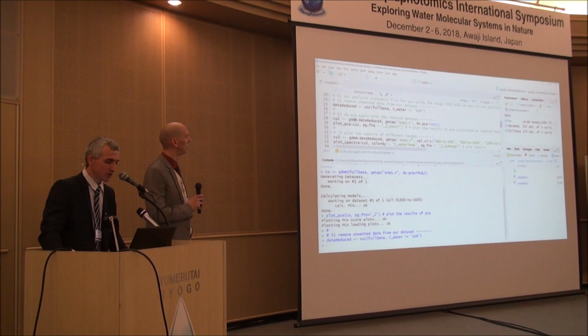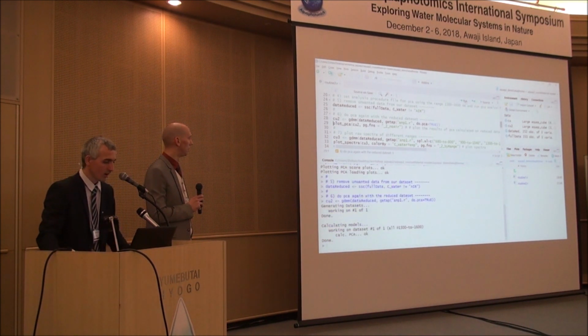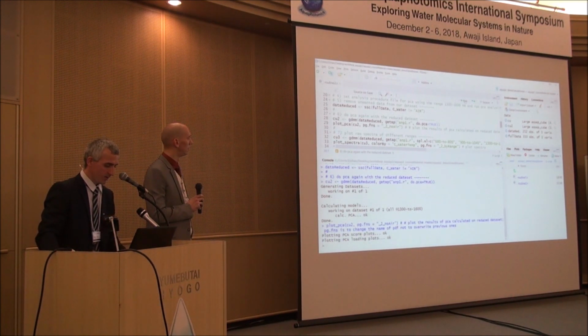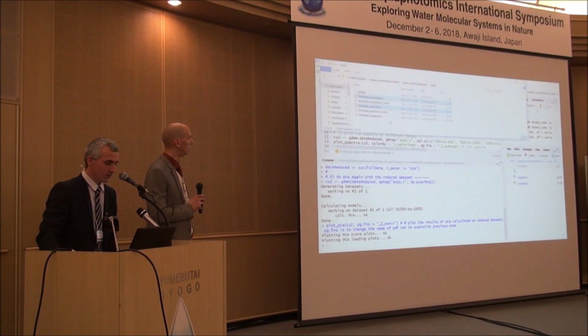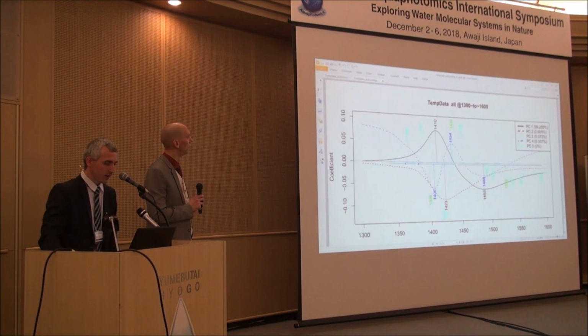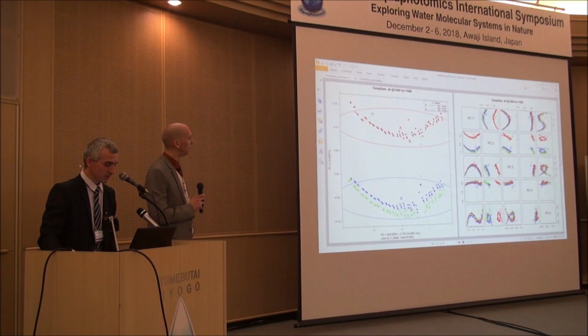After this point, the logical step is to run PCA again with the same command, and then plot the results of PCA. If you go back to your results folder, you will see 2 new PDF files which contain the loading plot and the score plot of the PCA.